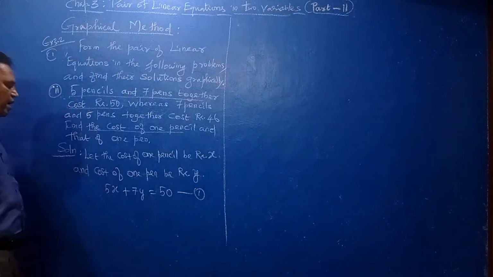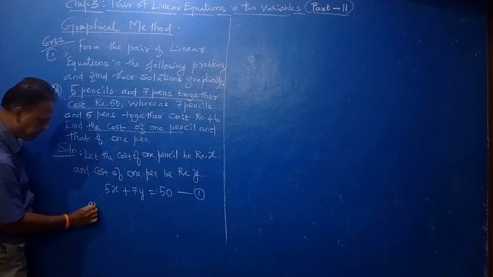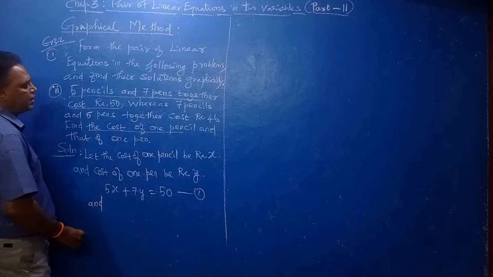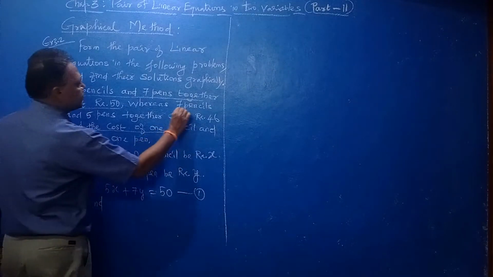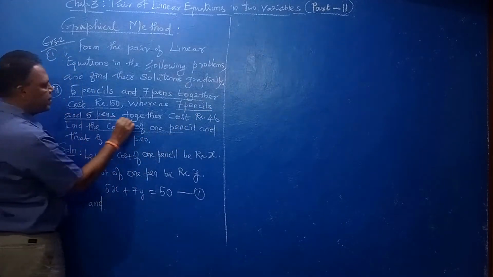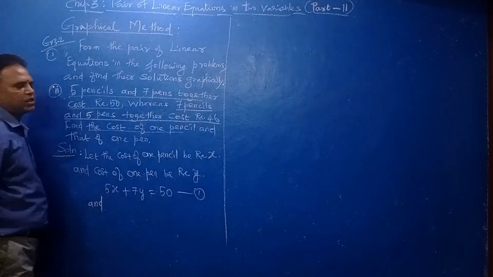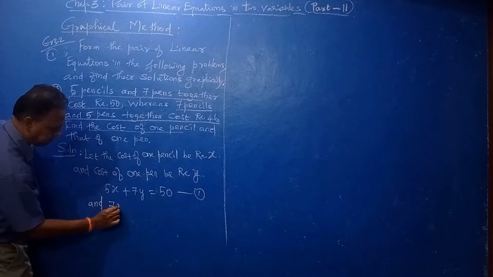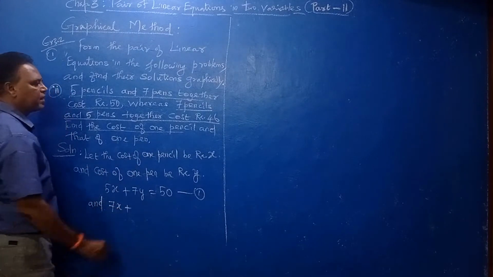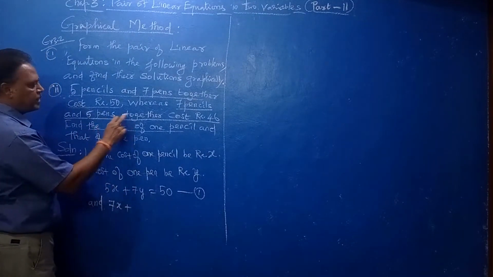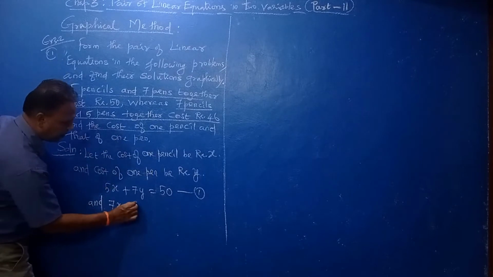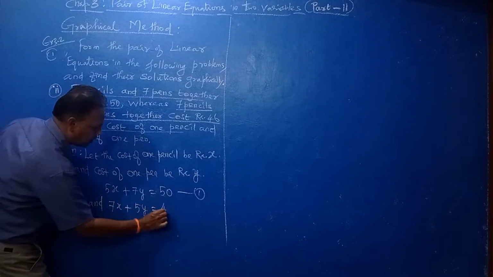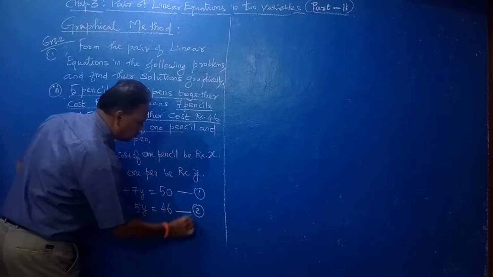And the next statement: 7 pencils and 5 pens together cost rupees 46. 7 pencils means 7x plus 5 pens means 5y is equal to 46. That is equation number 2.